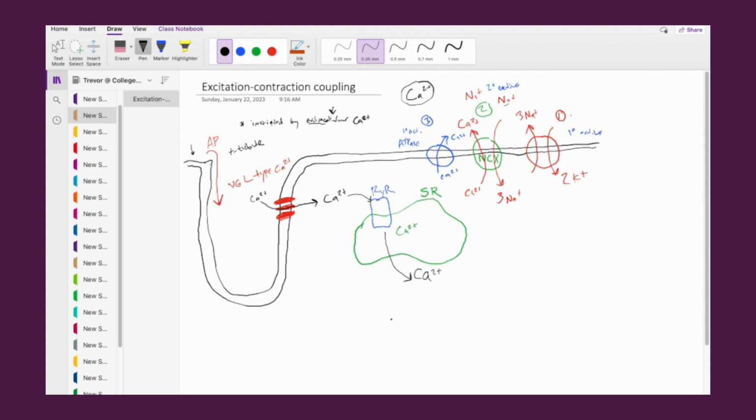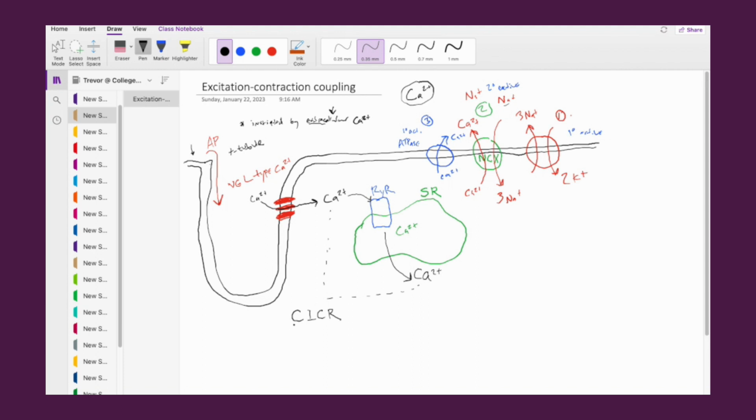So this calcium leading to the release of more calcium is called calcium-induced calcium release. So we have incoming calcium that induces the release of more calcium from the sarcoplasmic reticulum.